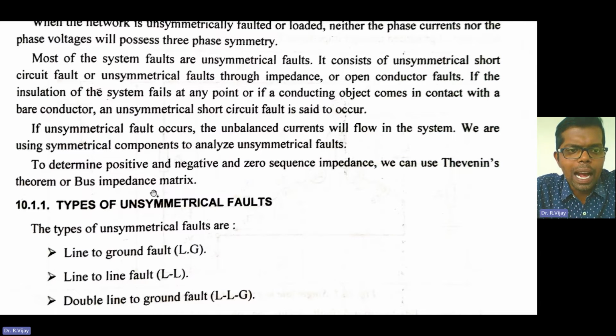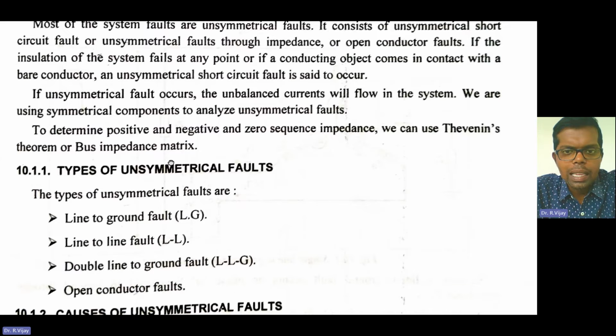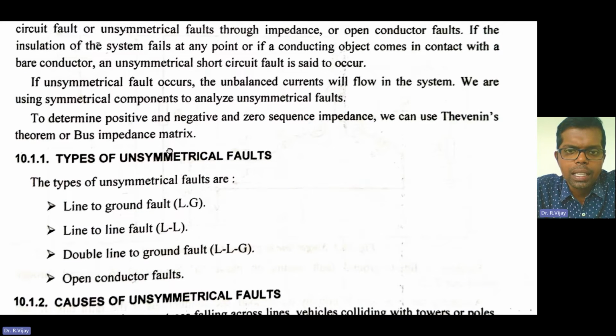If an unsymmetrical fault occurs, unbalanced current will flow in the system. Sometimes in a substation you will see one phase carrying more current, and the other two phases carrying less and varying current. By that, they can easily analyze that a fault such as a line to ground fault has happened, depending on the current in each conductor.